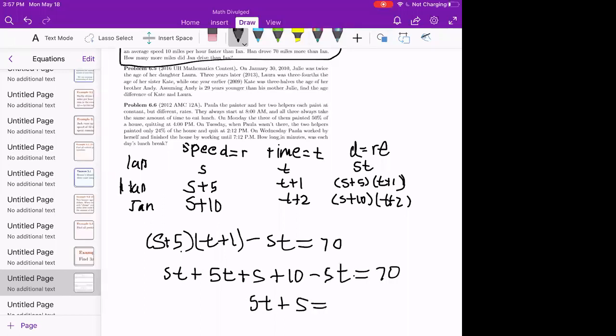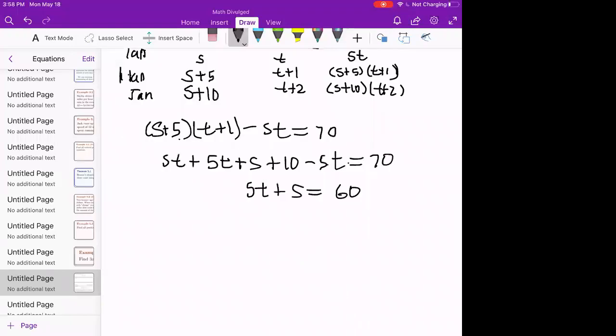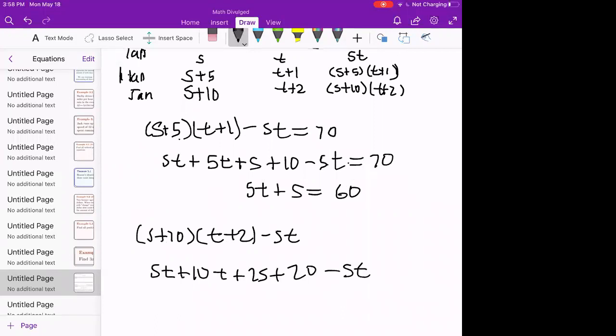So now we want to find the difference in distance that Jan drives more than Ian. So that just means we have to calculate s plus 10 times t plus 2 minus st. So this expression is equivalent to st plus 10t plus 2s plus 20 minus st. The st's cancel out.